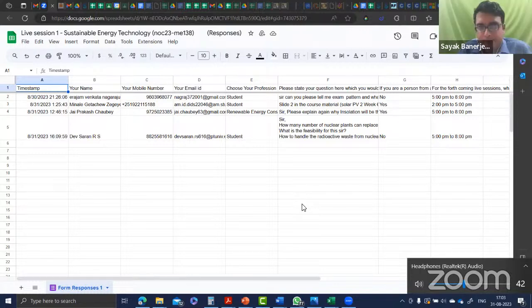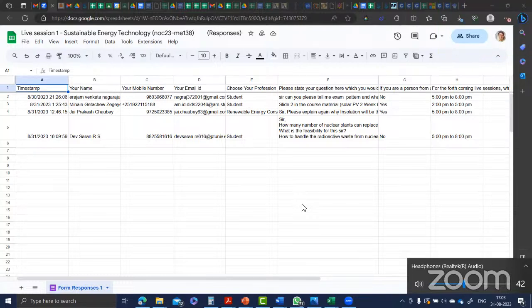The dish type system is much more efficient and expensive, as we heard in the lecture, but because the question asked about the dish type mirror, and no such mirror is available, we got confused.